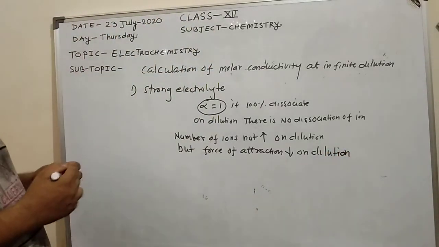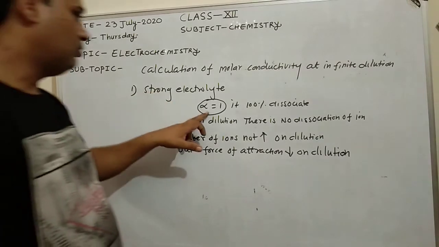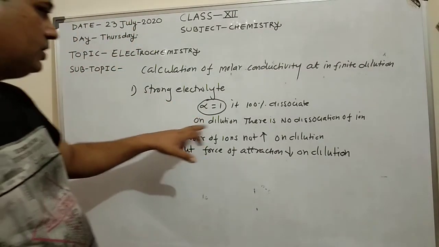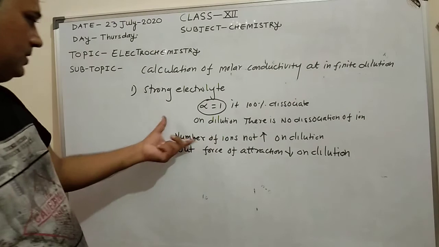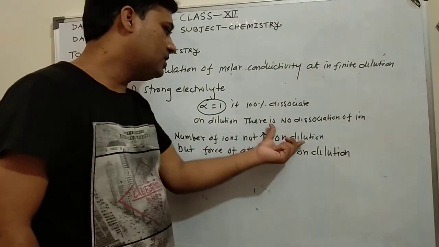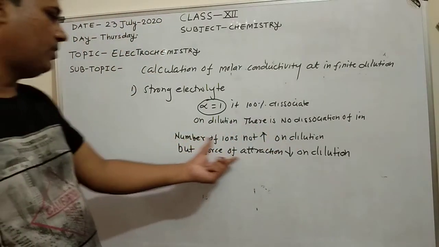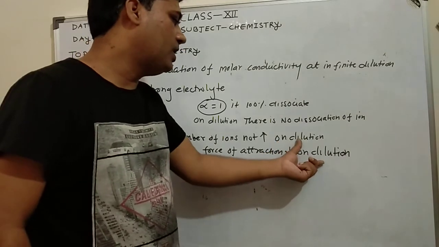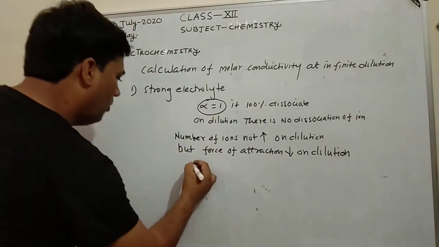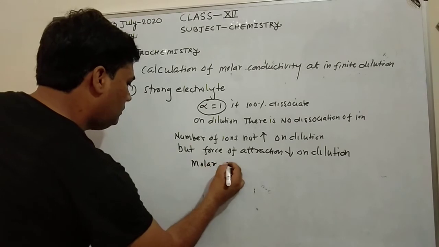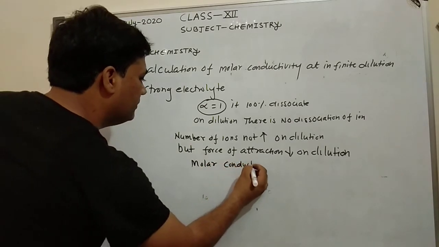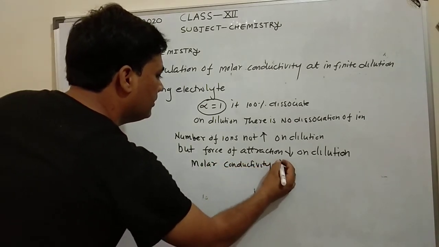So in strong electrolyte alpha is equal to 1. On dilution there is no dissociation of ions, that is, the number of ions does not increase on dilution, but the force of attraction decreases on dilution. So molar conductivity increases.